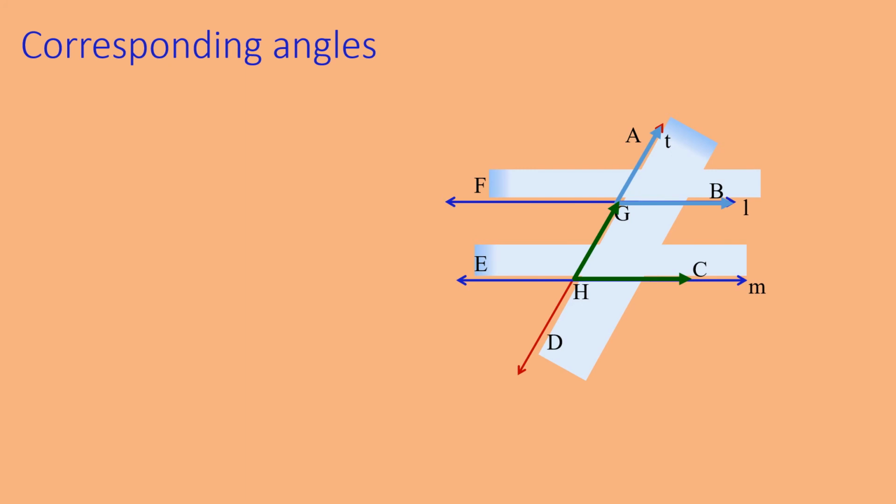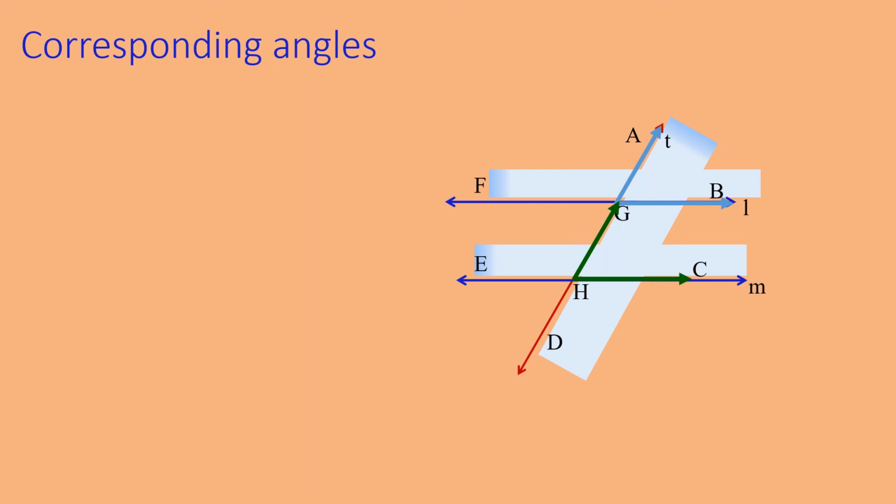So these two angles are called corresponding angles, because you will find that one arm, that is arm GT and arm HG, which are lying on the transversal, are in the same direction, and the other arms, that is GB and HC, are lying on the same side of the transversal.